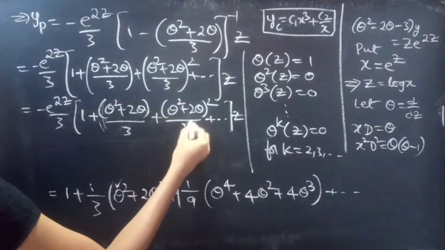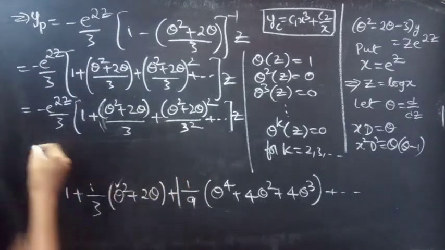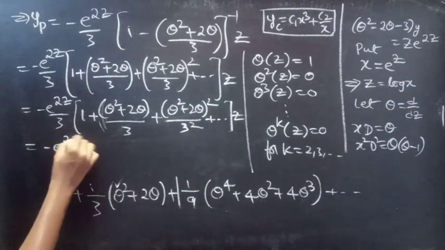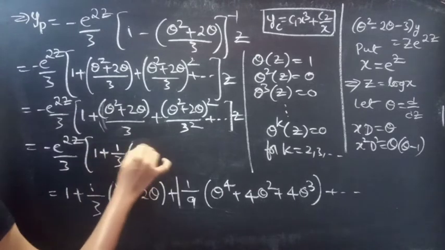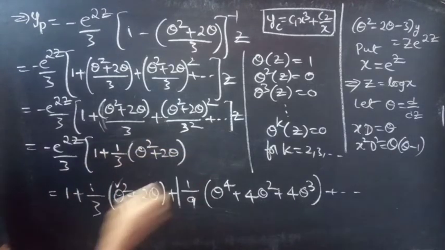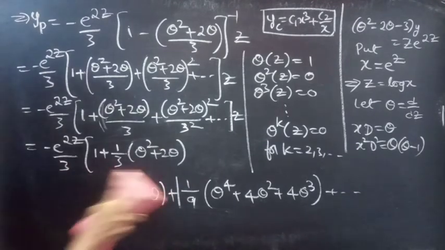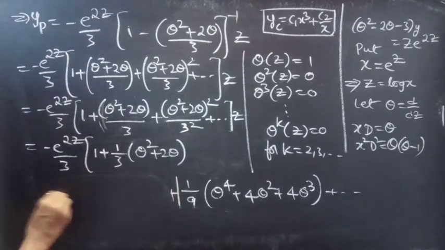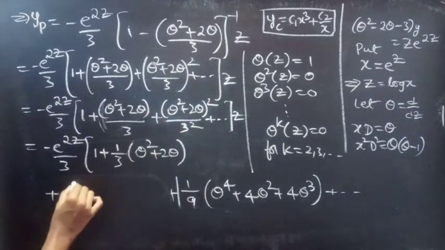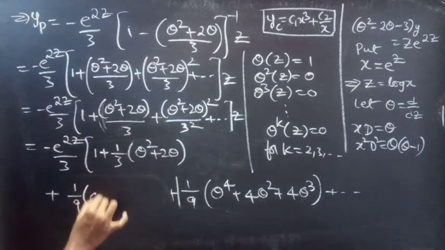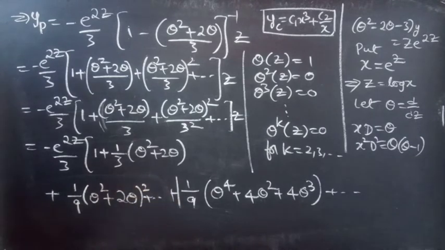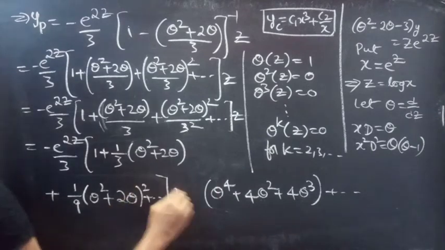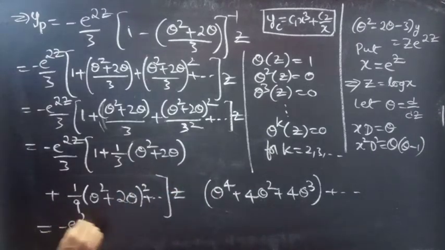So here you have 3 square, which is 9, so we get minus e power 2z by 3 into 1 plus 1 by 3 into theta square plus 2 theta plus 1 by 9 into theta square plus 2 theta whole square plus so on, into z, right?